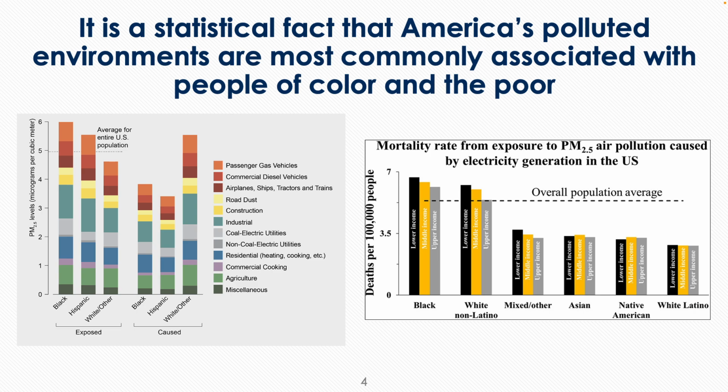So you have much higher exposure, relatively speaking, in Black and Hispanic populations. And then also there's an association with income as well. You can see how that compares pretty consistently in terms of local air pollutants, PM 2.5. The bars for lower income are generally going to be higher in almost every category.